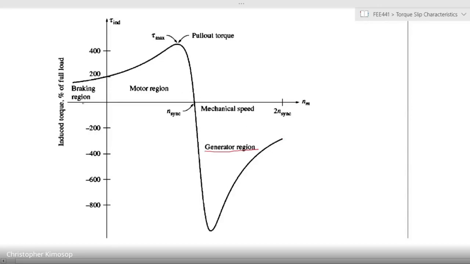Another interesting region is here, which we will tackle in the next lecture, the braking region.